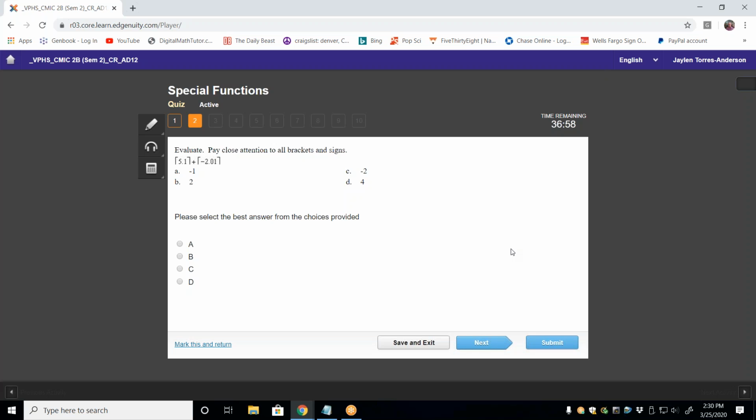Okay, so I made a mistake by moving to this problem. Well, I don't understand this problem. Evaluate what?